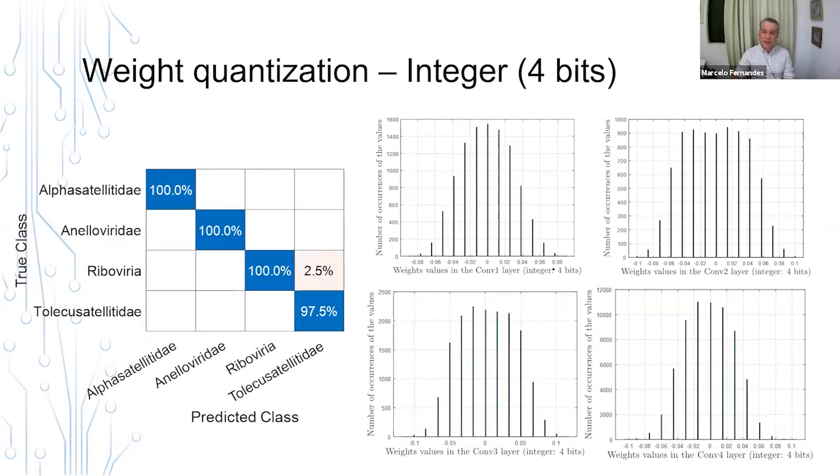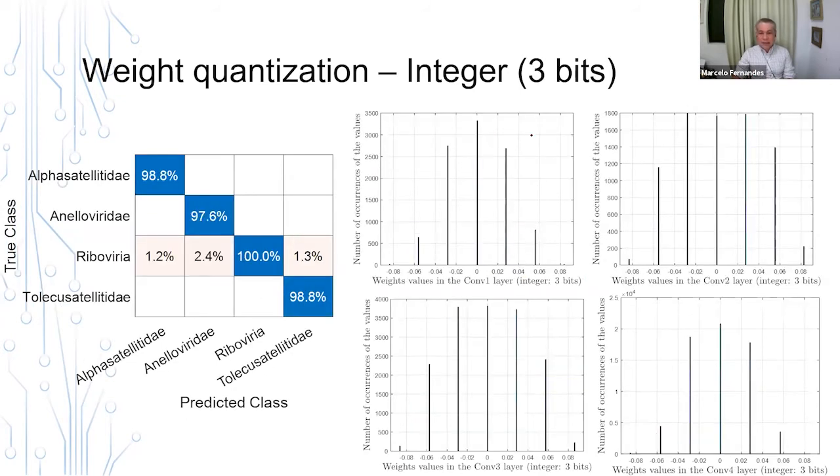It's very similar, but just using 4 bits. And in this case I use just 3 bits for each weight. Of course my accuracy decreased, but my accuracy is good, above 19% for each class.